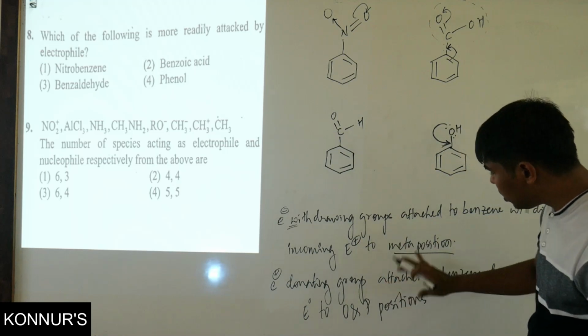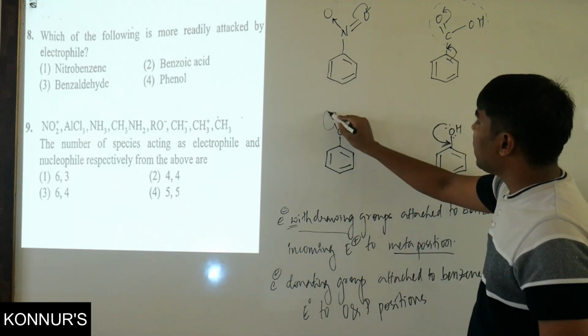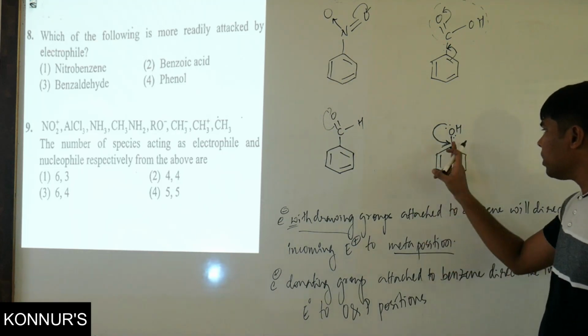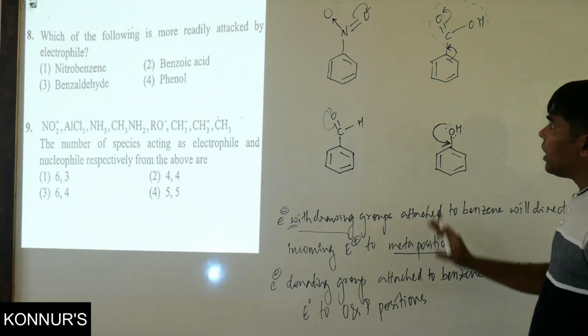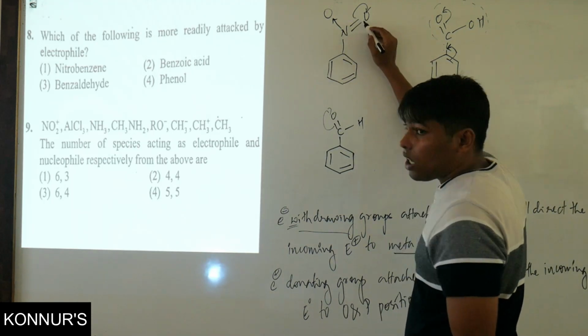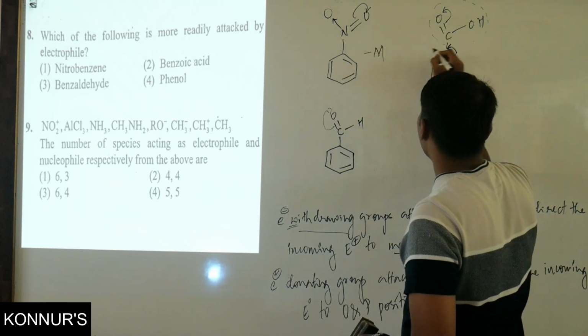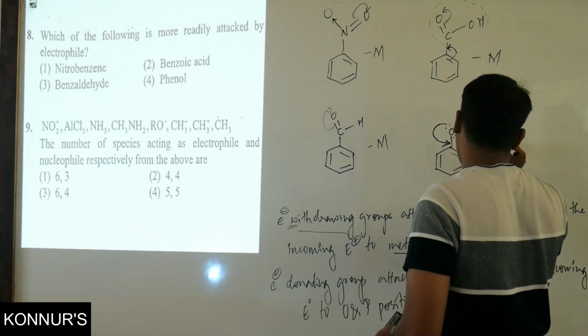If you compare these two lines, there are three options with an electron withdrawing group, and this one contains only an electron donating group. So this is a minus M effect, this is also a minus M effect, this is also a minus M effect, but this is a plus M effect.